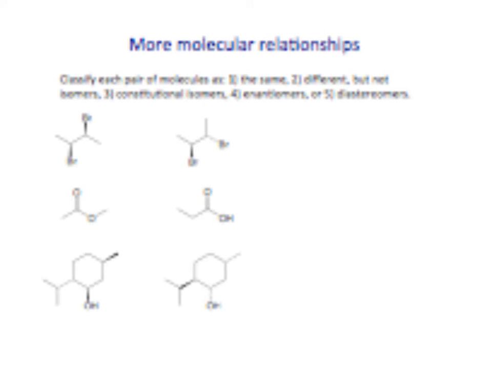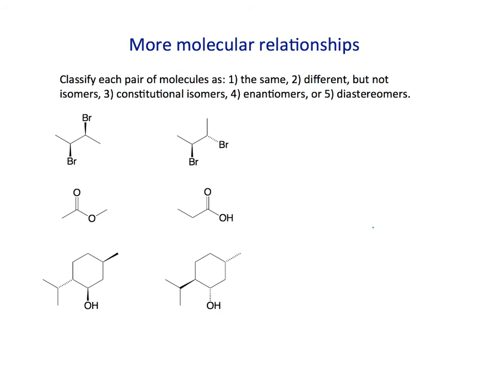Let's try 3 more pairs. Look at the top 2. Do they have the same molecular formula? Yep, they both have 4 carbons. They have 2 bromines. Same molecular formula. So do we have chirality centers? Yeah, or stereogenic centers?